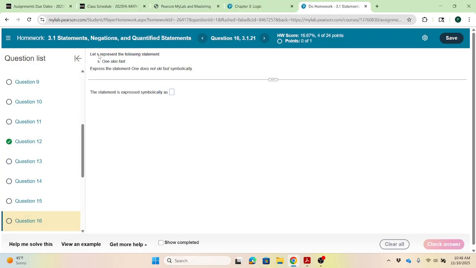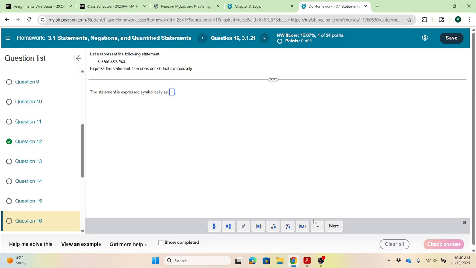Let lowercase s represent the following statement: one skis fast. Express the statement "one does not ski fast" symbolically. Symbolically means there is a symbol, and the negation of that statement is written with it.